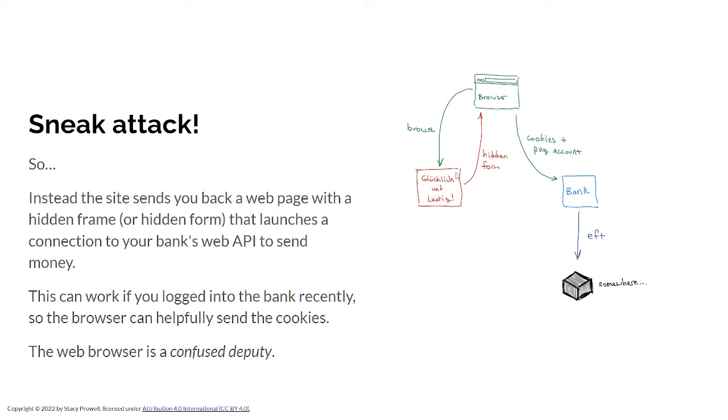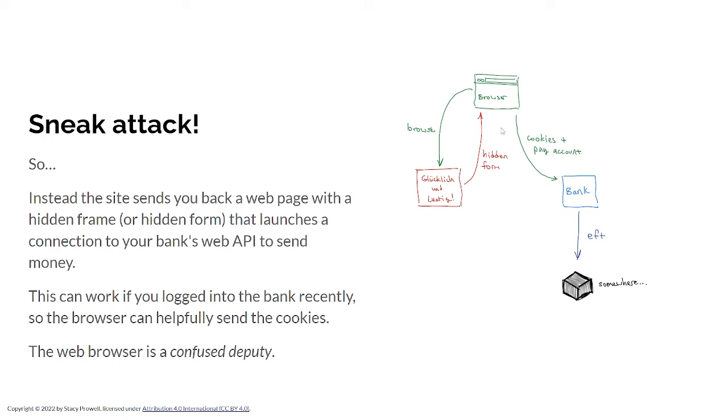So you see what happened? I went to the bank and logged in and had the cookies. The cookies are in the browser. Meanwhile, I browsed over to Happy Fun. Happy Fun sent back the form, which then immediately triggered trying to make the bank transfer money. And since the cookies for the open session were there, it worked, and it sent the money somewhere.